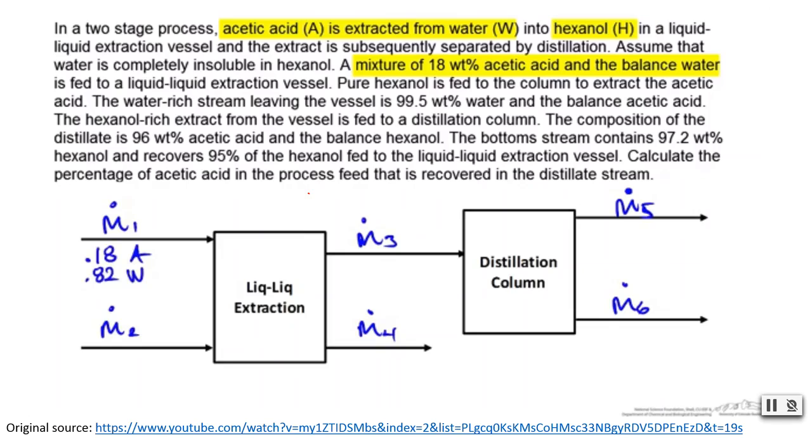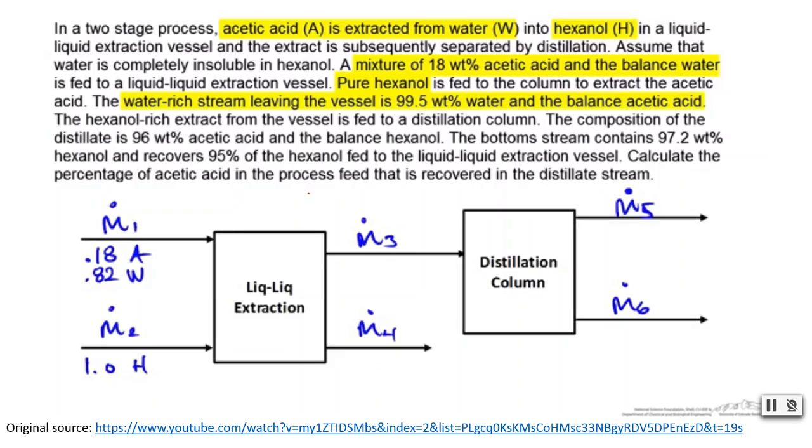Here we're given that the mass fraction of acetic acid is 0.18, and if the balance is water, we know that the mass fractions need to sum up to 1, so the mass fraction of water must be 0.82. The problem states that the other feed to the liquid-liquid extraction column is pure hexanol, which corresponds to stream 2. The water-rich stream that's leaving the extraction column is 99.5 weight percent water.